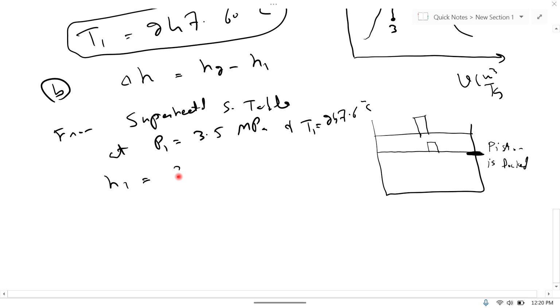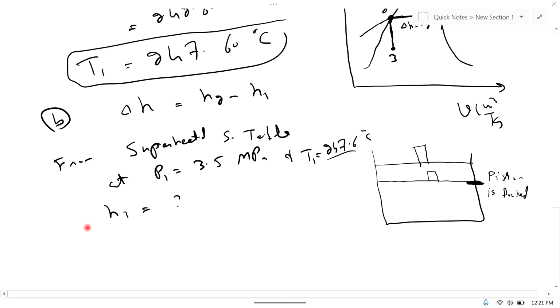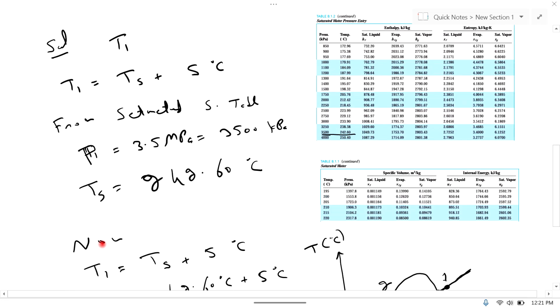So if we check the steam table, at 247.6 and 225, values are not available.